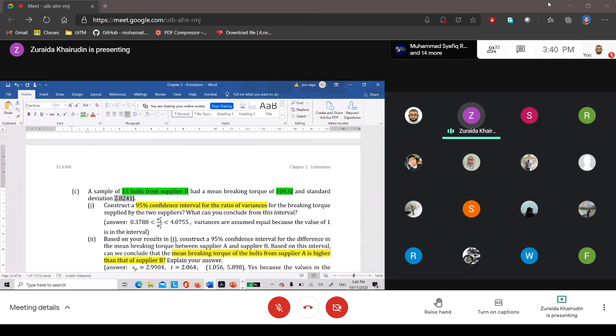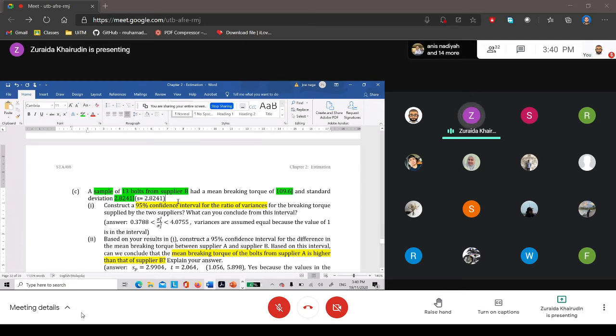Again, is this standard deviation S or sigma? Again, you read: a sample. So definitely standard deviation is S. Okay, this is your S. S equals 2.8241.